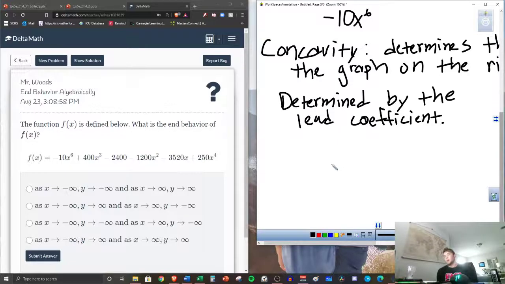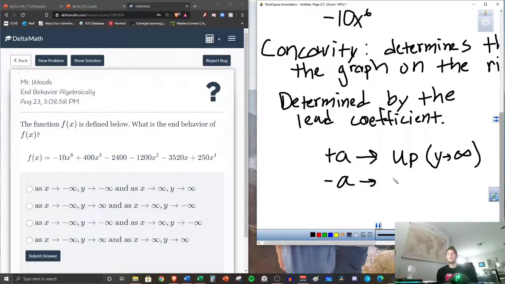So we're going to write it this way. If you have a positive A value, it's going up, or we'll say y goes to positive infinity. If it is a negative A value, that means it's going down, or y is going to negative infinity.